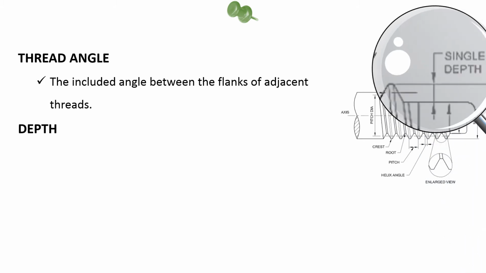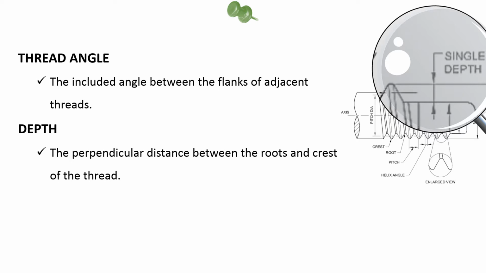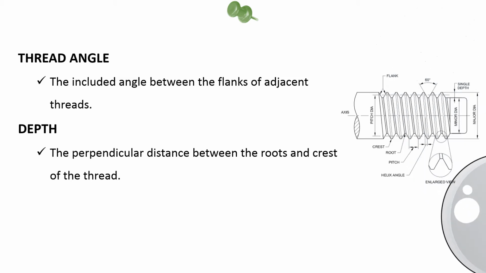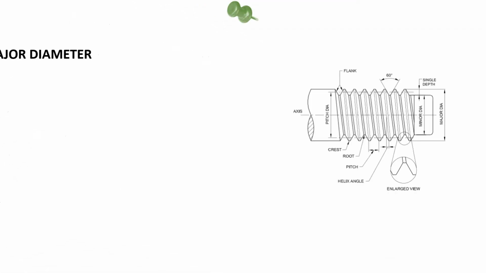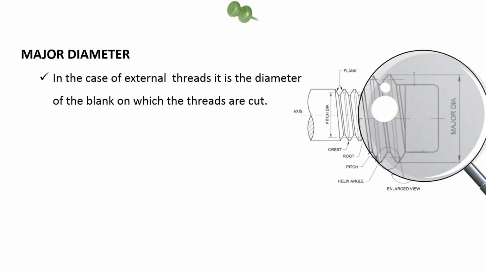Depth. The perpendicular distance between the roots and crest of the thread. Major diameter. In the case of external threads, it is the diameter of the blank on which the threads are cut.